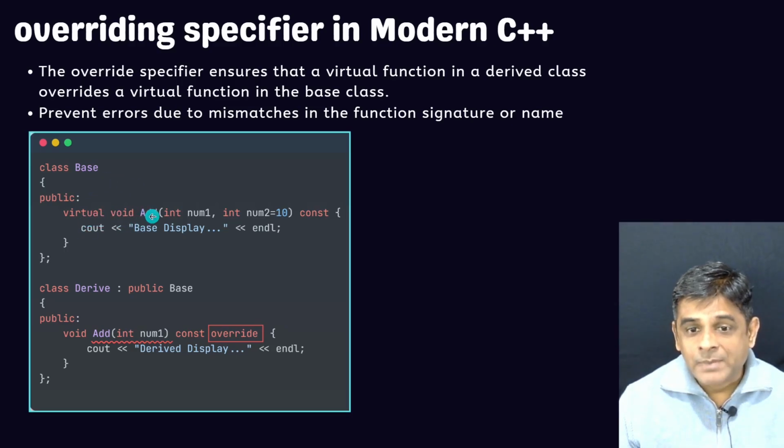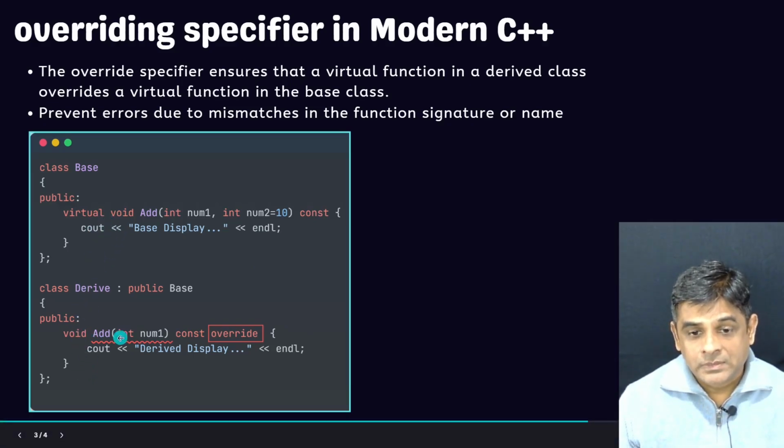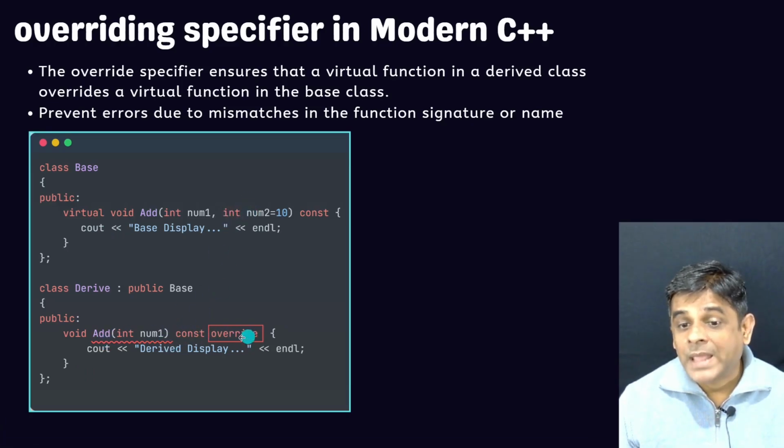Here I am writing an add method that has two arguments and is const, and in the derived class I am trying to override this virtual method add, but I missed one argument and I am applying override, so it is giving a compilation error. So here we can easily track it, correct? So this prevents errors due to a mismatch in the function signature or name.